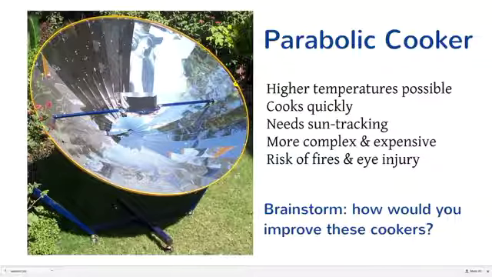Instead of one big one, you have a whole bunch of small ones. For shipping, you have a structure that allows you to set dishes so that it focuses.